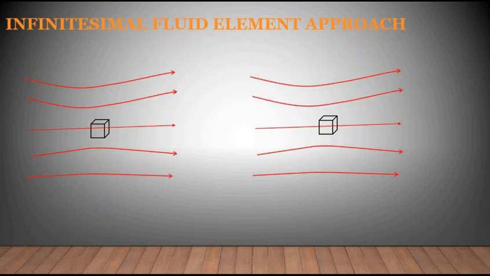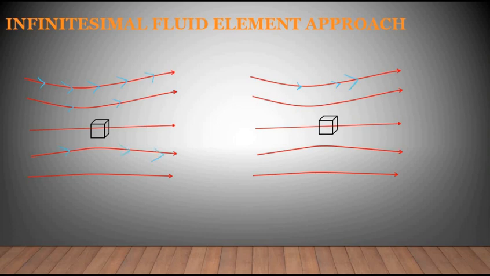Moving on to our next method, that is the infinitesimal fluid element approach. Now, unlike the previous method, here you can see that there is a small cube that I have considered, the streamlines being the same, moving with the fluid.